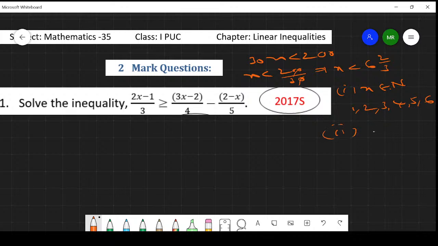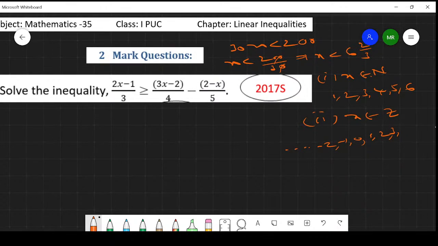Suppose in this problem they say x is an integer, x belongs to Z. When they say x is an integer, then your answer will be all integers to the left of 6. So the solutions, and so on, I can write minus 2, minus 1, 0, 1, 2, 3, 4, 5, 6.